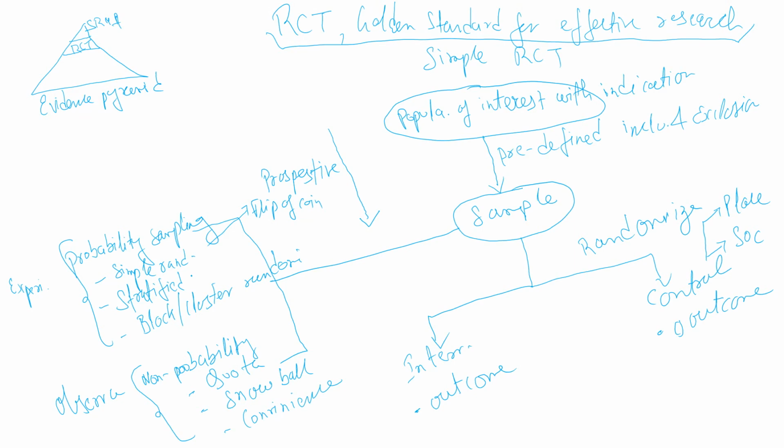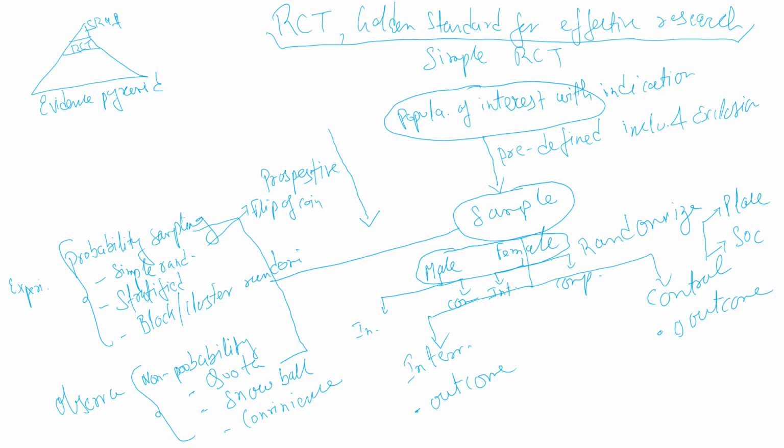For example, this is a sample, and I have differentiated on the basis of gender, as male and female. And then I have further divided this into intervention and comparator. Similarly, these females are also divided into intervention and comparator. So this extra step is known as stratification.